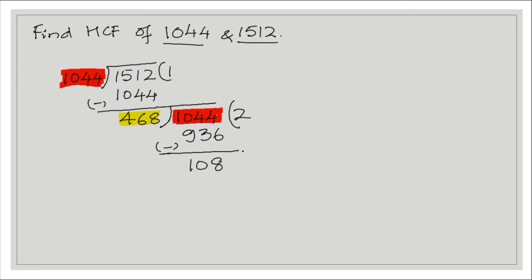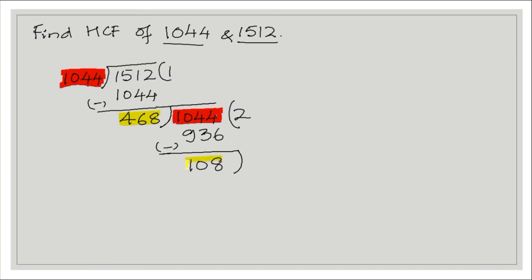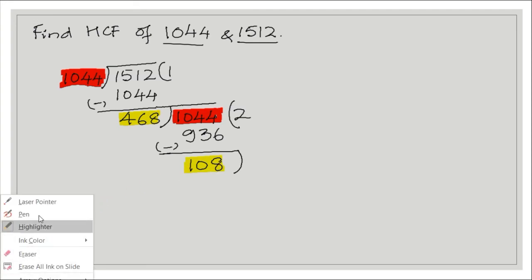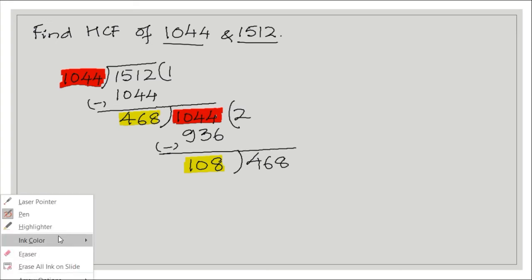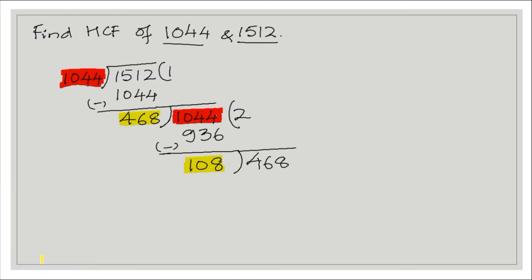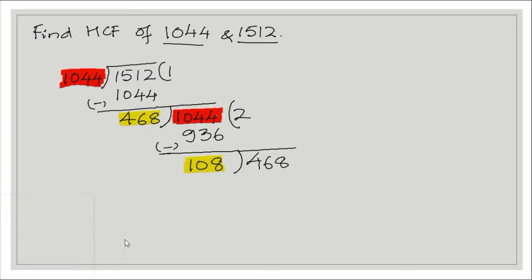Now 108 should be considered as divisor. This divisor, I am marking with yellow color highlighter. Then I have to consider 468 as dividend. This 468, where did I get?